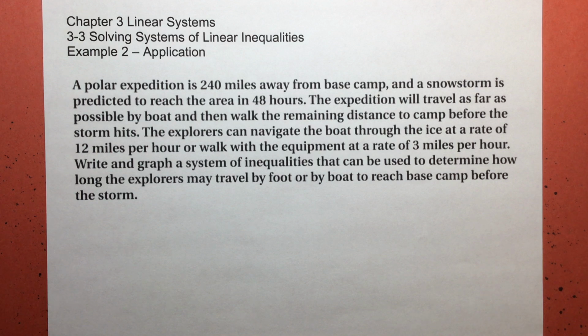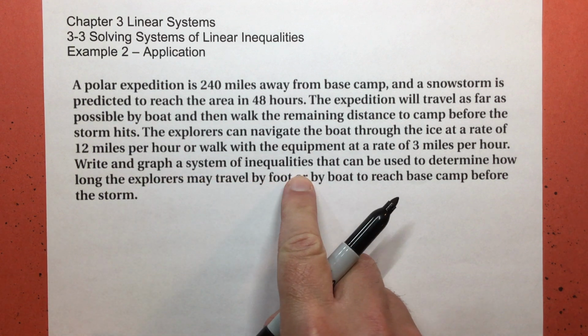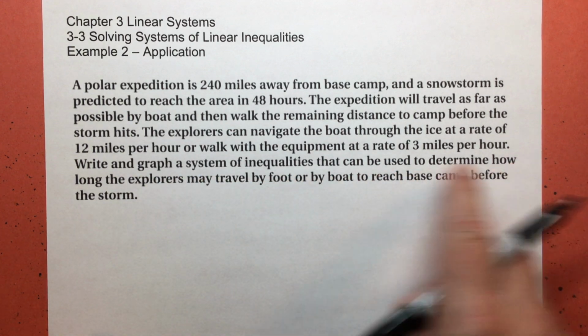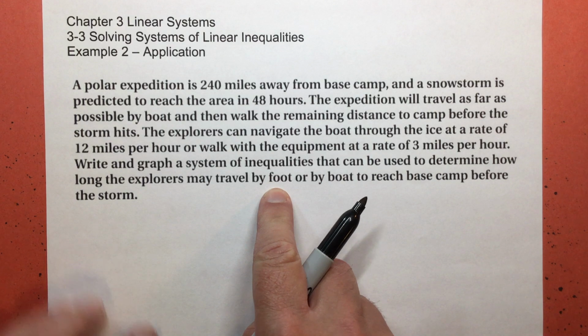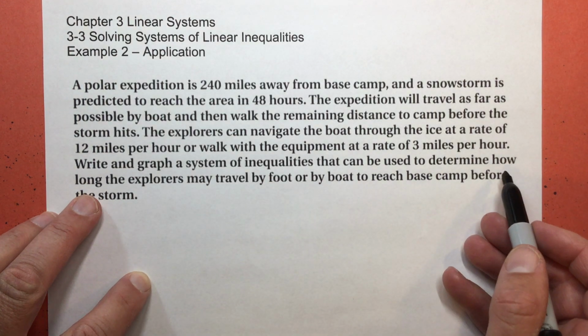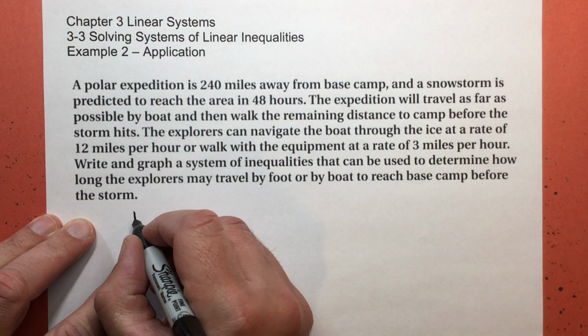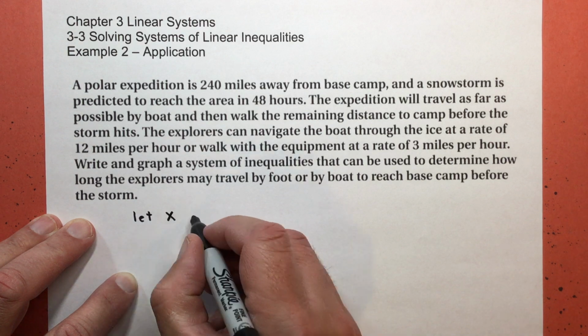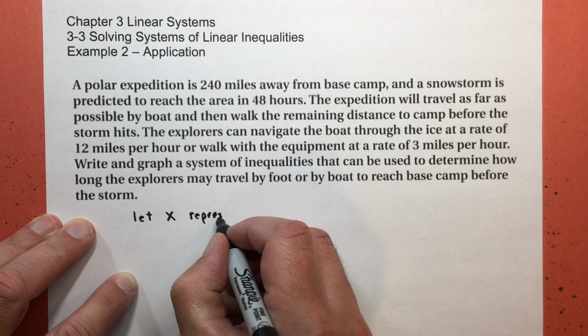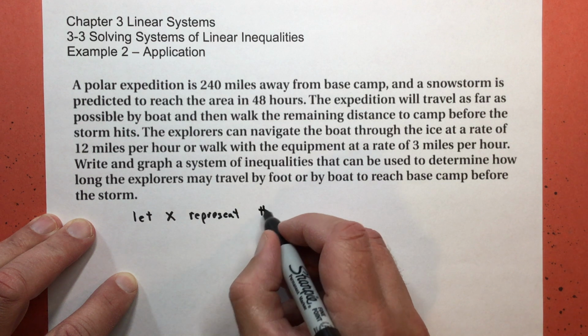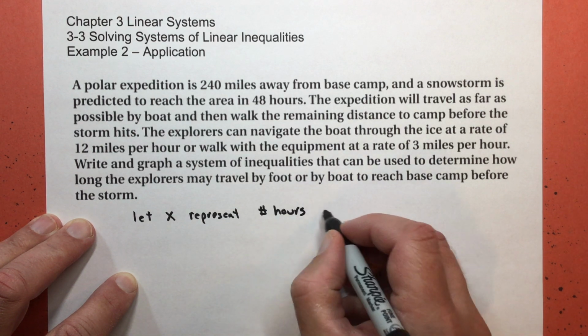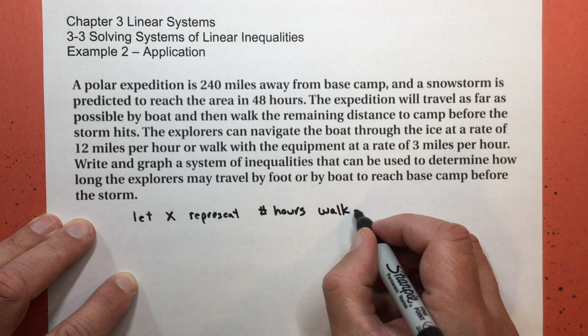All right, we have two inequalities. It tells you at the end what to look for. It tells you, we have two variables. Write and graph a system of inequalities that can be used to determine how long the explorers may travel by foot. Okay, and when they say how long, they're talking about time. So I'm going to let X represent the number of hours that the explorers are going to walk.